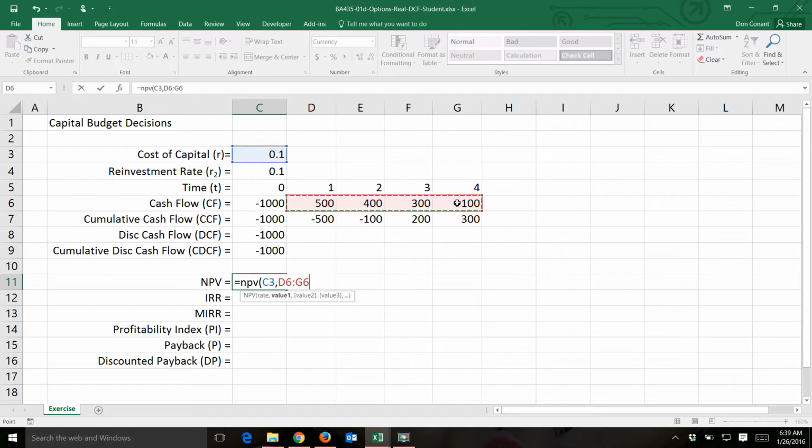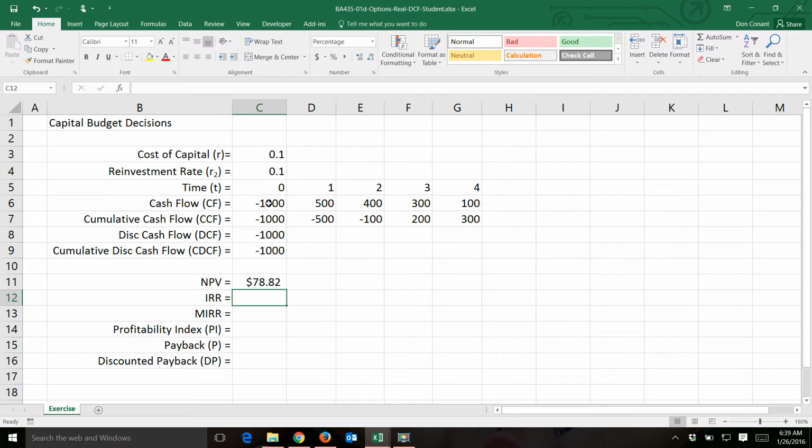Those are the cash flow values. Now once we've calculated that, then we add to that year 0. That's how you use the net present value function in Excel. 7882 is correct.